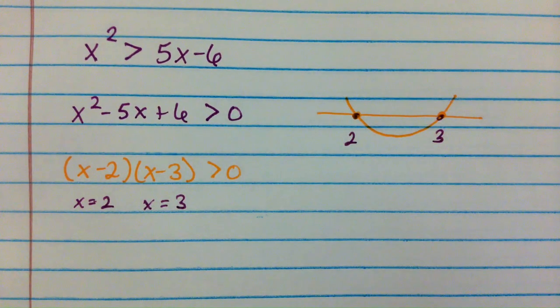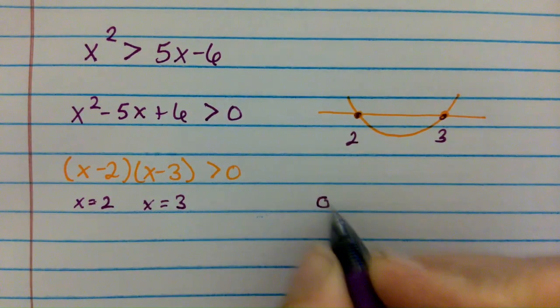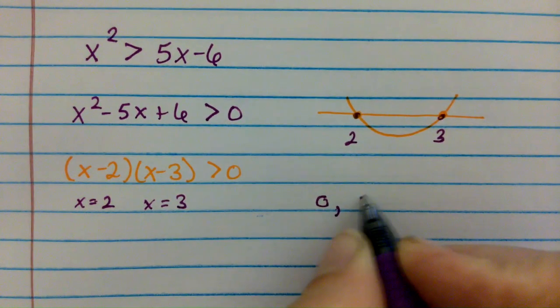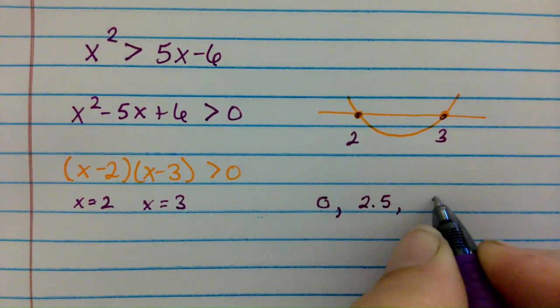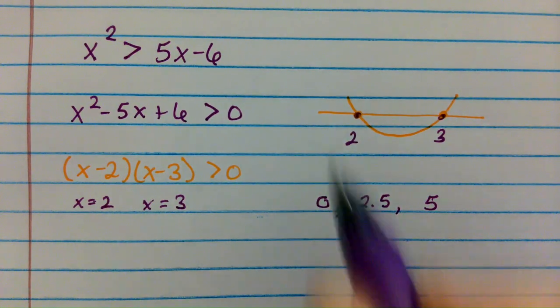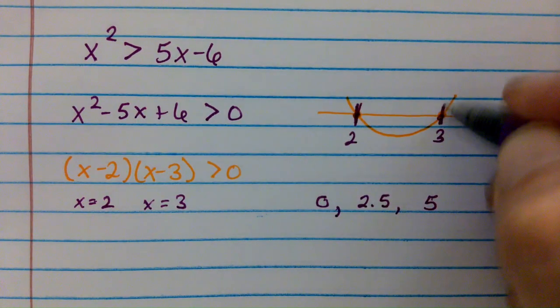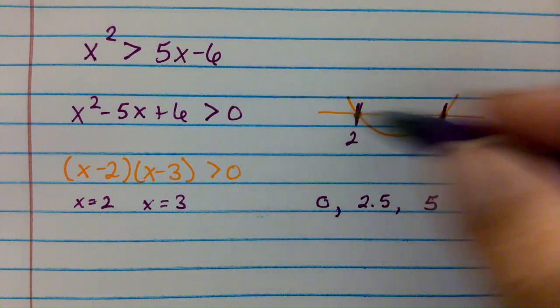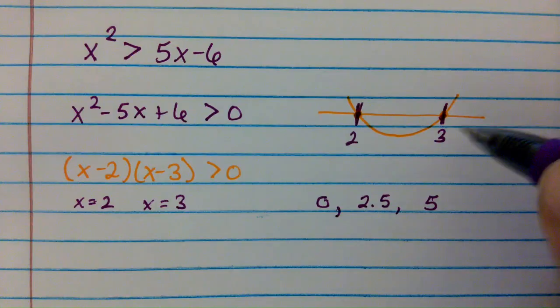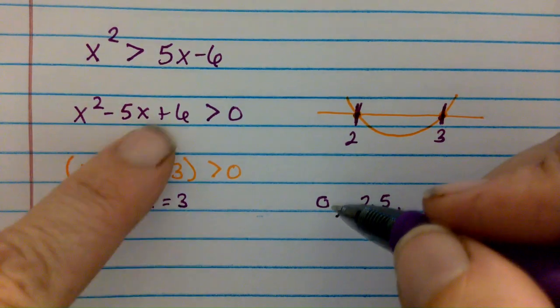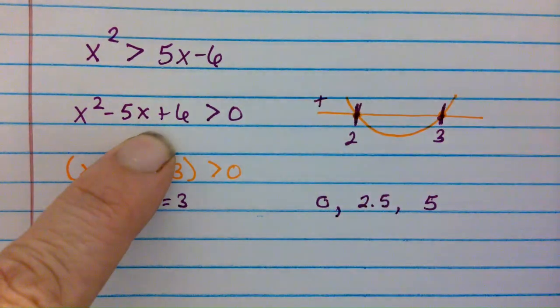So if you were doing test points, I would do a test point of like 0, 2.5, and 5. Something from each section. So see, I've split this into 3 sections, the first section, the second section, and the third section. If you had substituted 0 into this, you would have found out you had a positive answer.